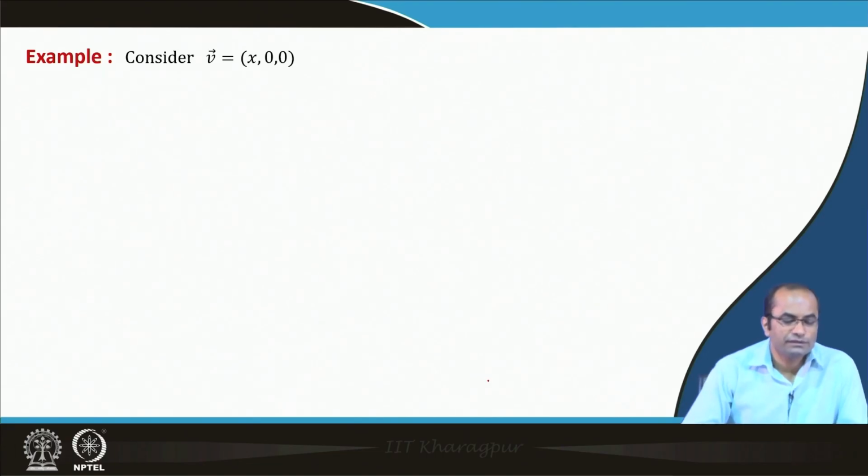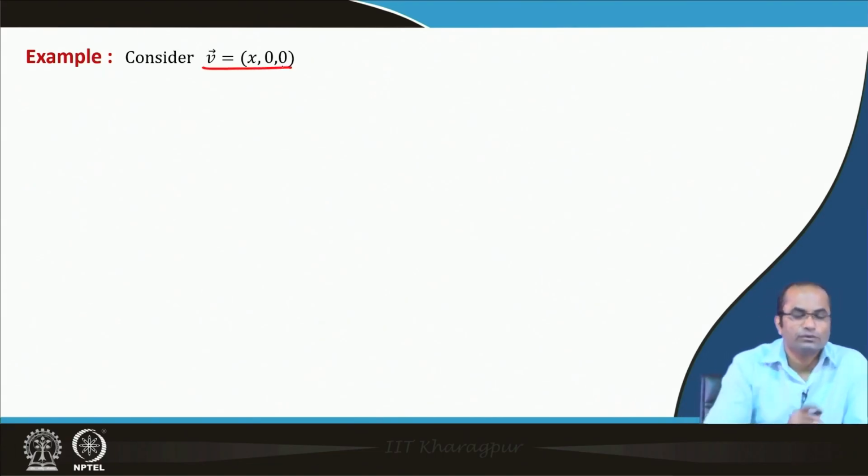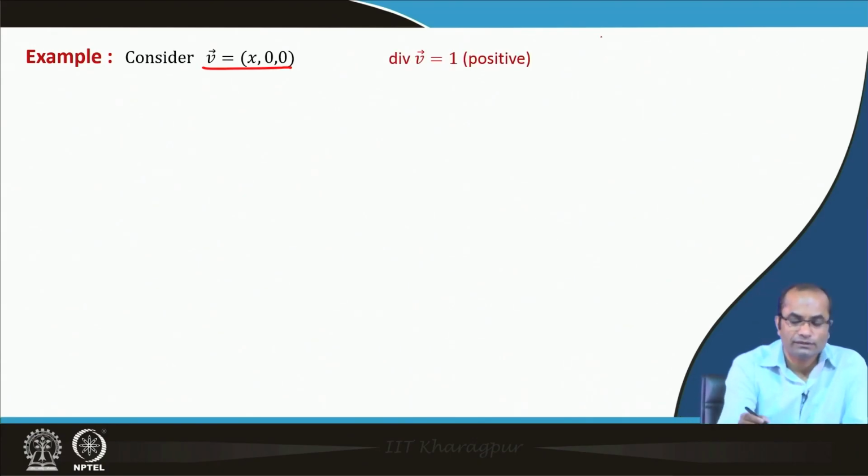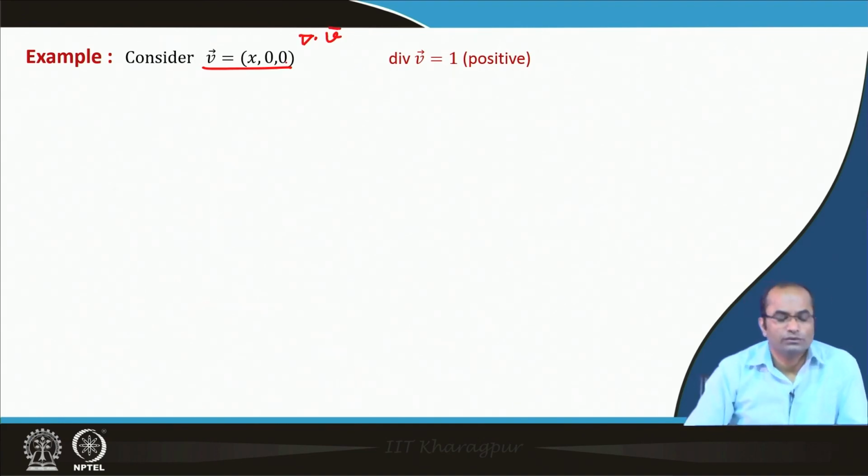So, for instance, if we take the vector field v equal to (x, 0, 0), and compute the divergence, as discussed, this is just the product of the del operator with v. Since the two components are 0, we will have only the first component, whose partial derivative is 1.